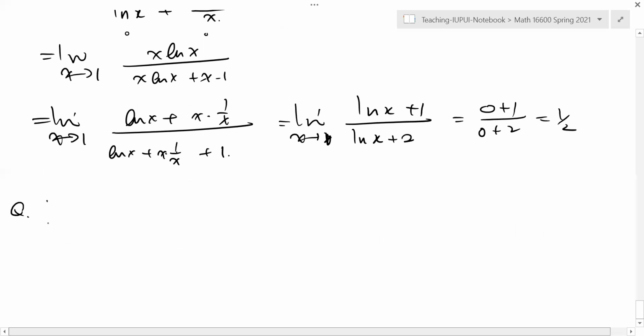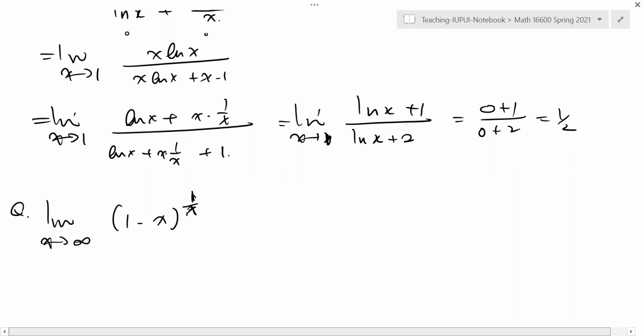So here's a question: the limit as x approaches infinity of (1 minus x) to the 1 over x. Okay? I shouldn't write it this way.